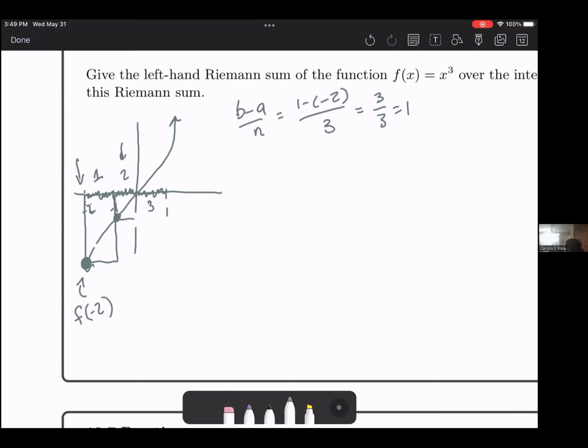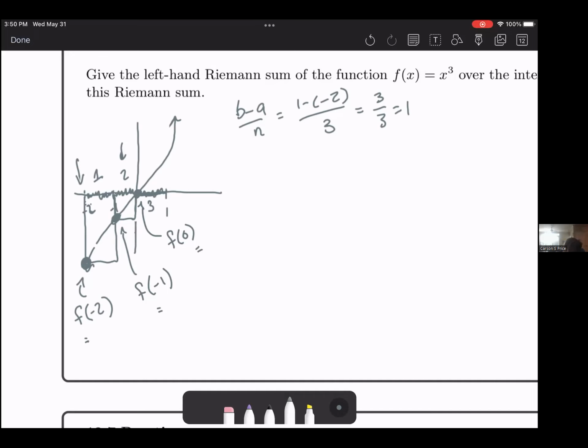But I stop at 0. Right, the height right there is given to me by the function value at -1. And then our third rectangle has a 0 height, because the height right there is the function value at 0, and we'll see that that's going to give us a 0. Let's find all these heights first.